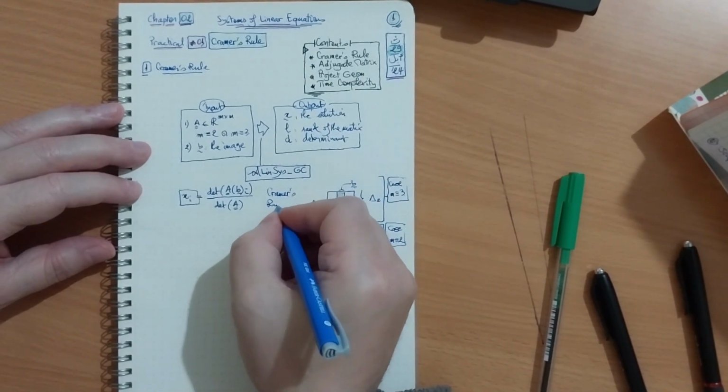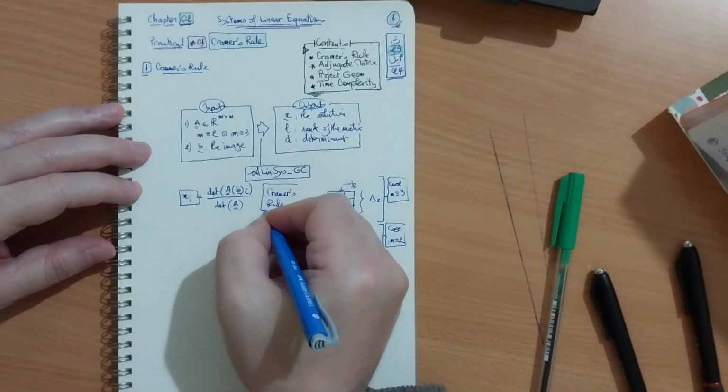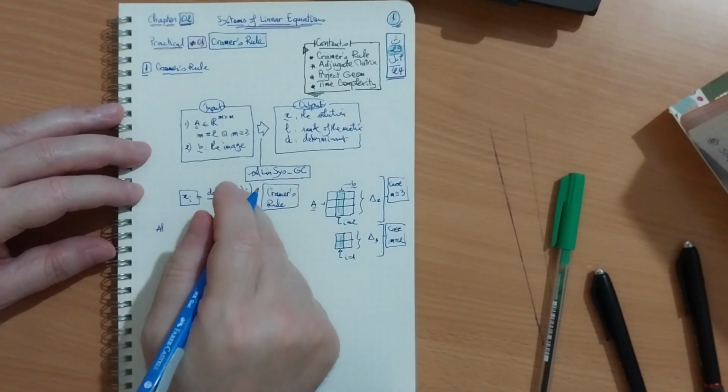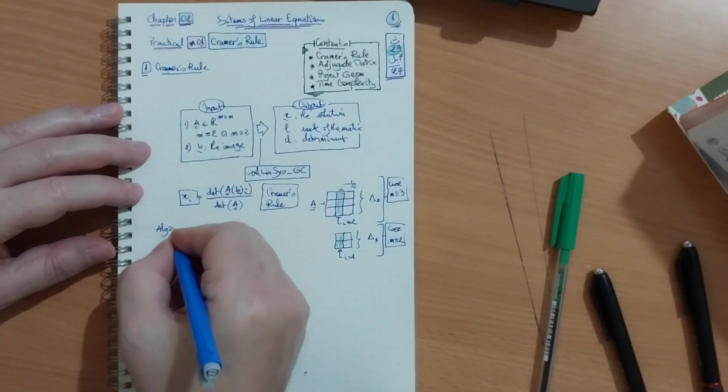Cramer's rule. So our algorithm is very simple. We just implement the formula. Algorithm.